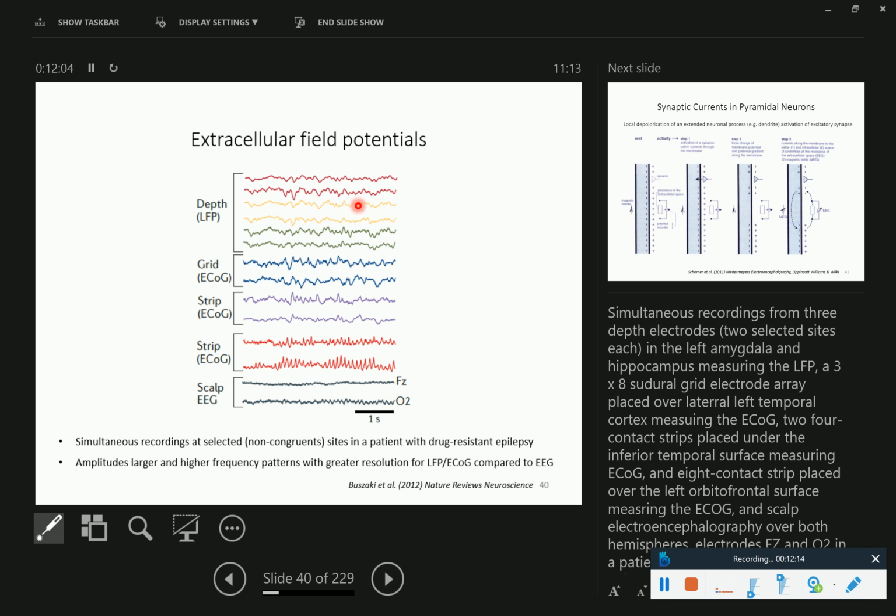There's a second one, maybe I show that later, or maybe I showed it in the other class, where they tried to find correlations between different frequency bands of the invasive data and the EEG. But one can do that.